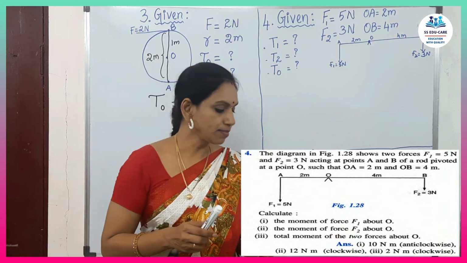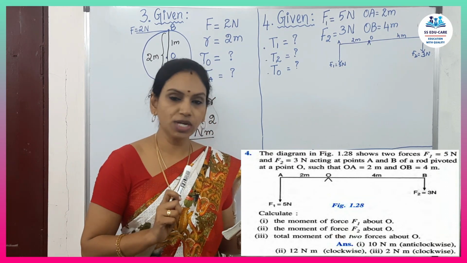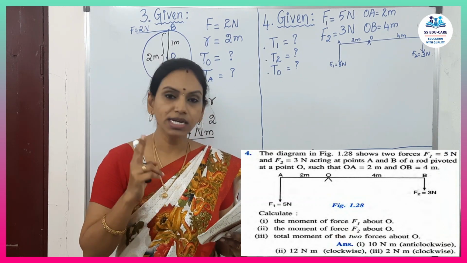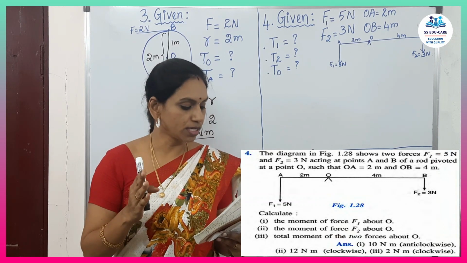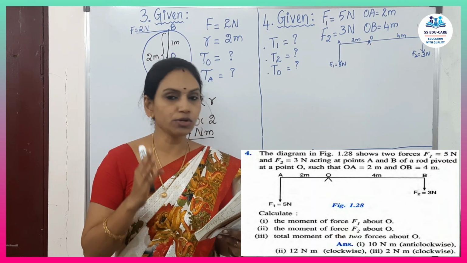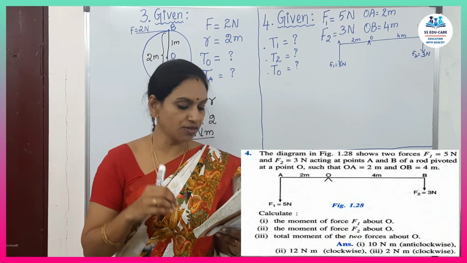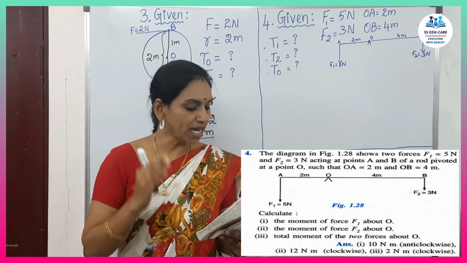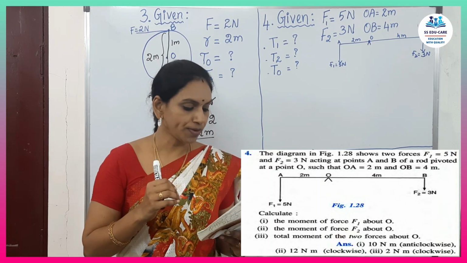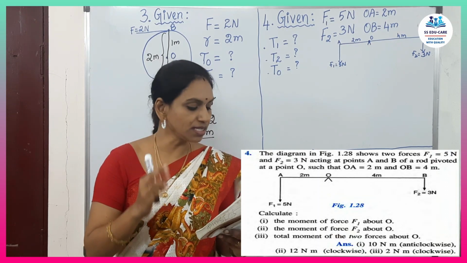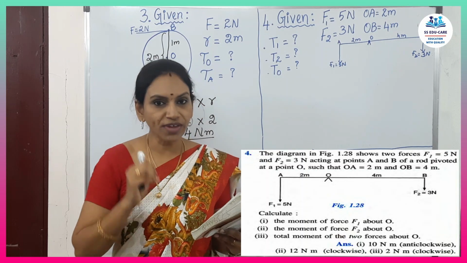A diagram in figure 1.29 shows two forces, F1 equal to 5 Newton and F2 equal to 3 Newton, acting at points A and B respectively of a rod pivoted at point O such that OA is 2 meter and OB is 4 meter. What should we calculate?